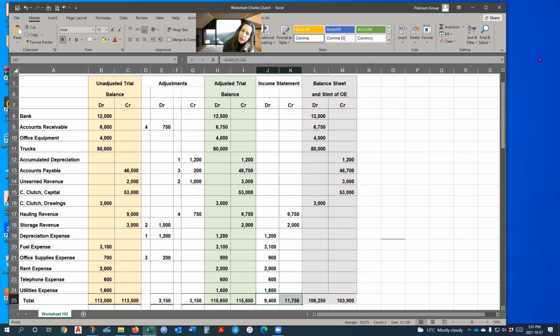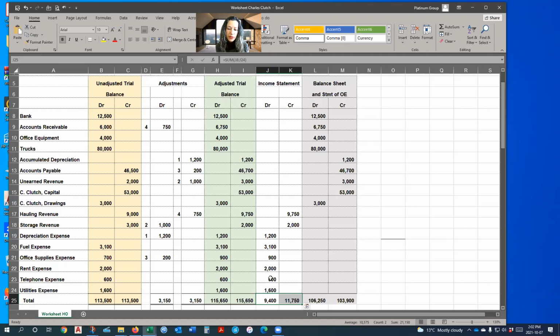Do we want them to agree? Let's think about this. Income statement credits, that's our hauling revenue and our storage revenue. So income statement credits are revenues.